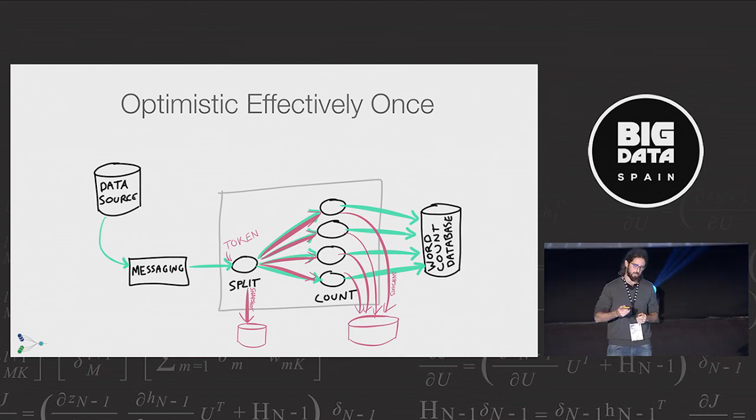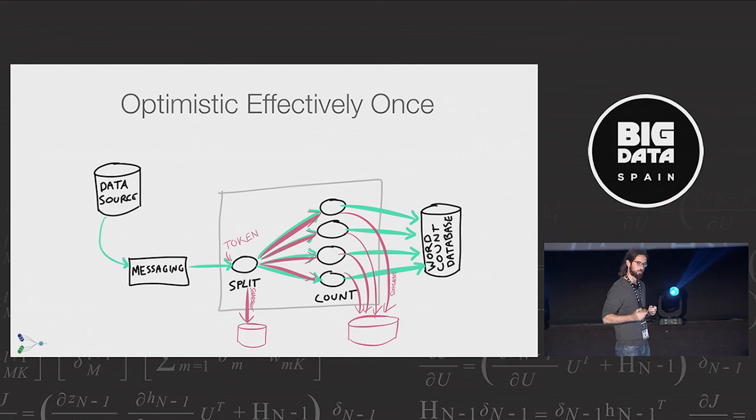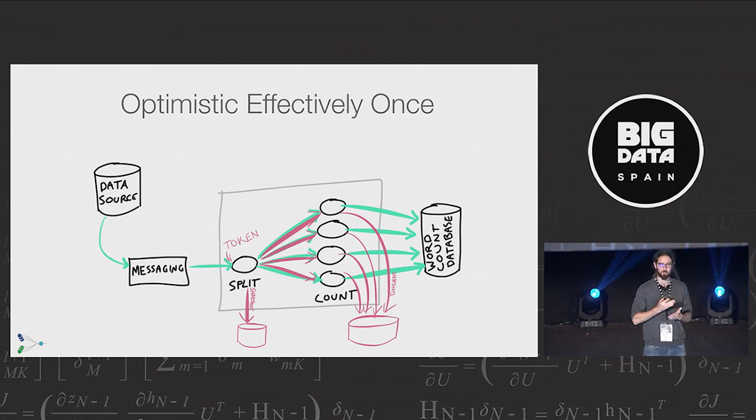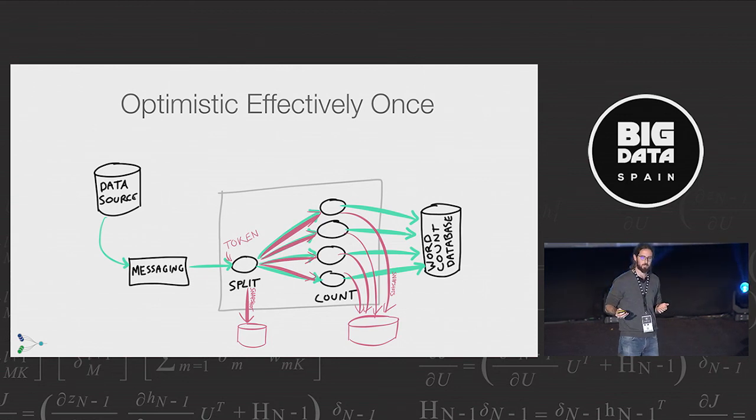In the case of a failure, let's say one of the count nodes fails or the split node fails, the whole graph needs to go back to the state of that snapshot, which means that all messages processed after that token will need to be processed again, and obviously you get a latency hit here.